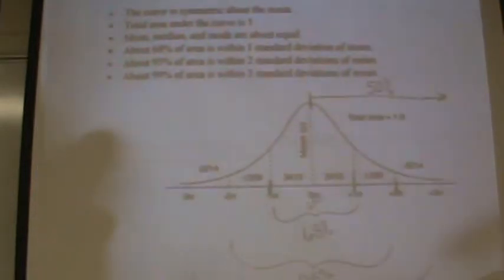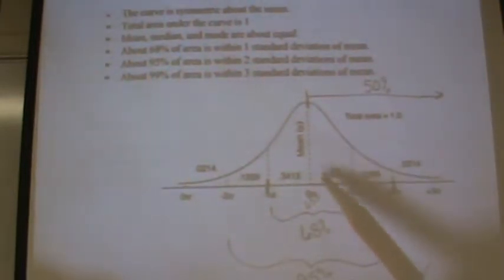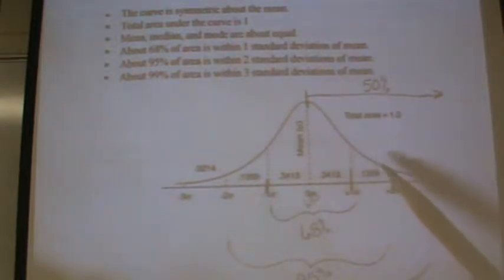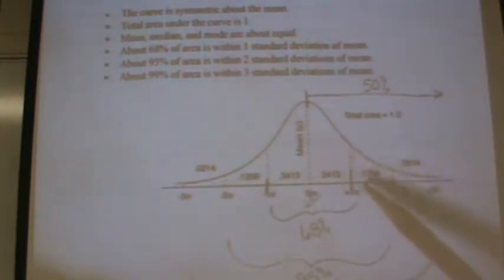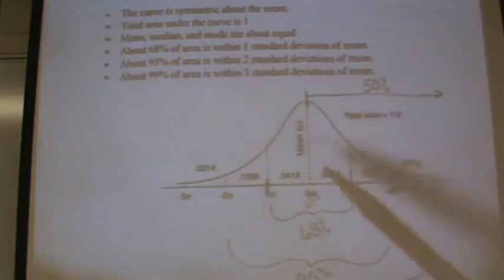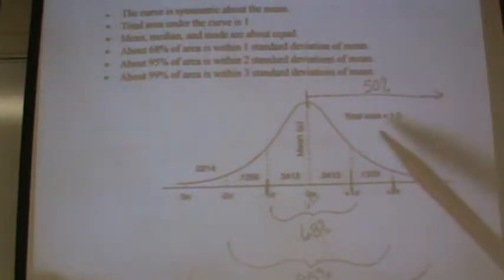And if we look at our curve, we know that we have 34% here, but we want the top 16. So we're looking at the right-hand side. We want to find where the top 16% is.